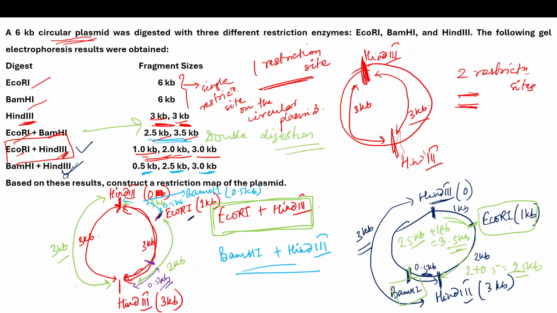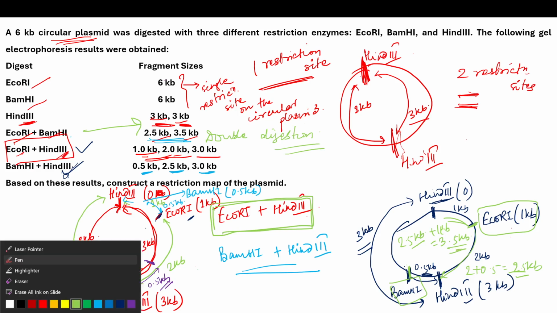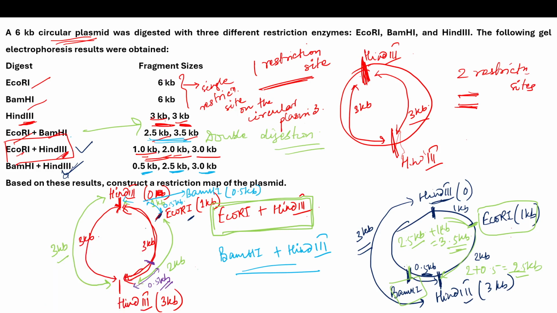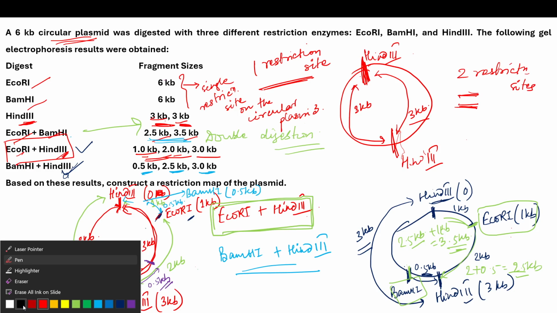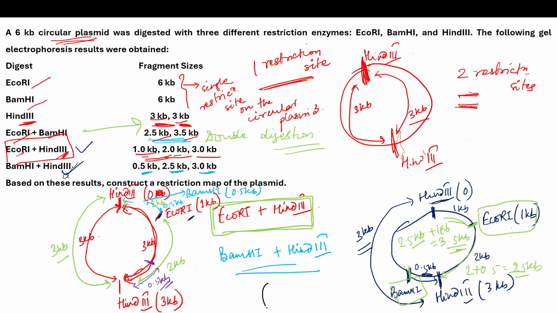So, not with the red, maybe with black only. The final map will be Hin3, Hin3. It has two restriction sites, EcoR1 at 1 kb, suppose this is 3 kb, and BamH1 at this site, right?